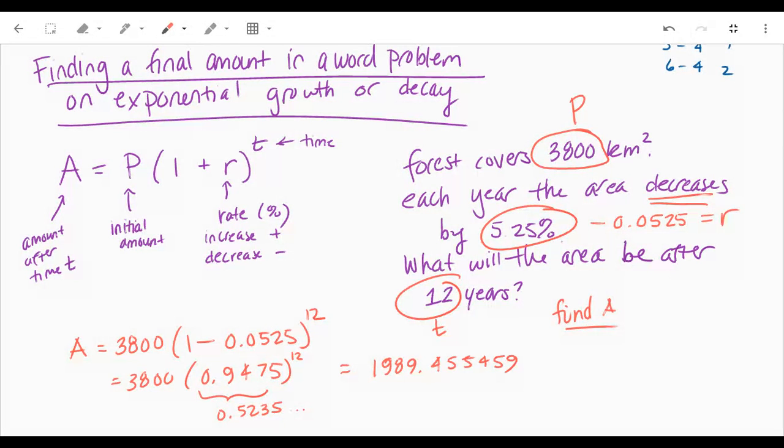They want the nearest square kilometers, so make sure you read the instructions carefully. Since we have a 4 after the decimal, we'll round down. 1,989 kilometers squared. Final answer. All right, let's take a look at the next one.